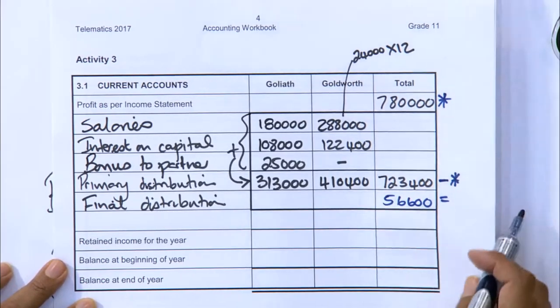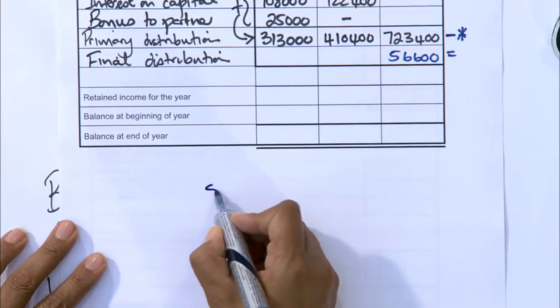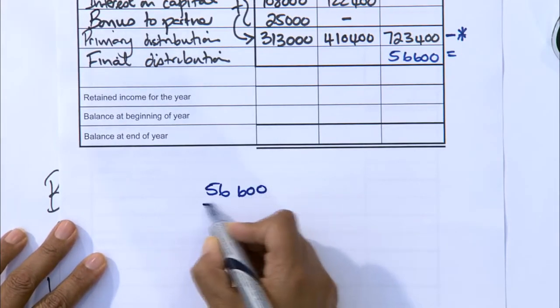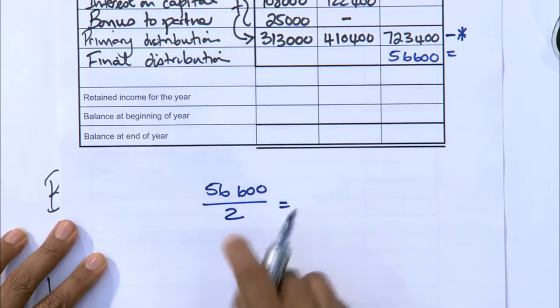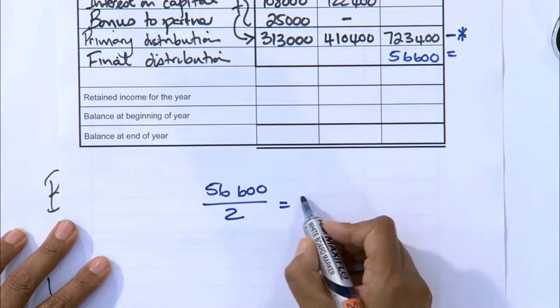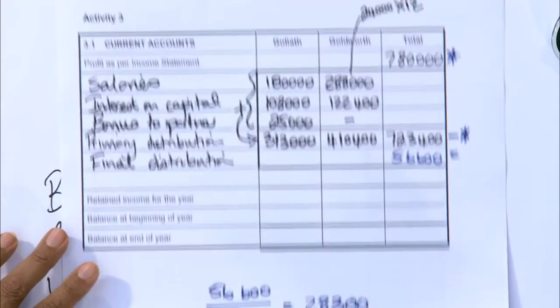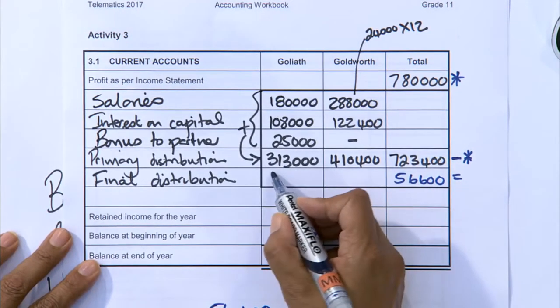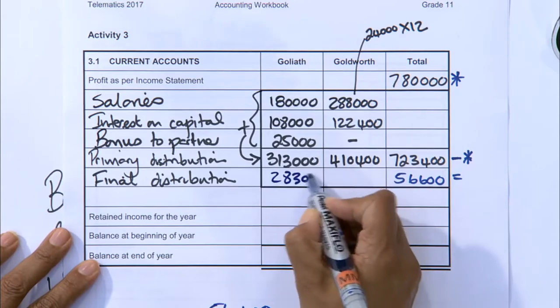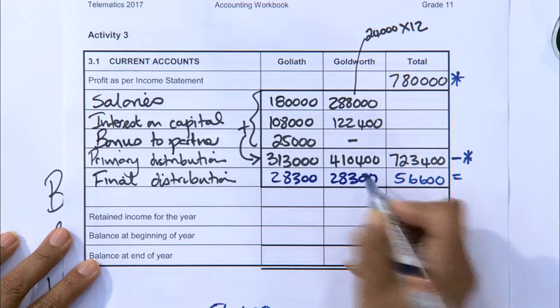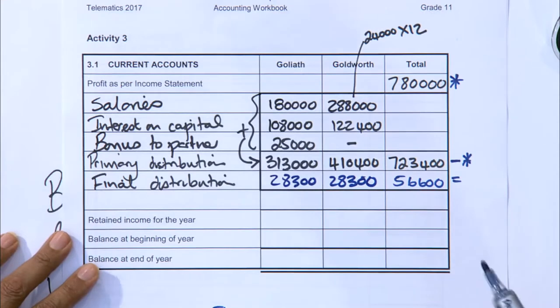That is what they're talking about in that last line. So I'm going to take 56,600 and divide it by 2 because it's shared equally, and they each get 28,300 final distribution. And that I put in there, 28,300 goes in there, and that equals 56,600.